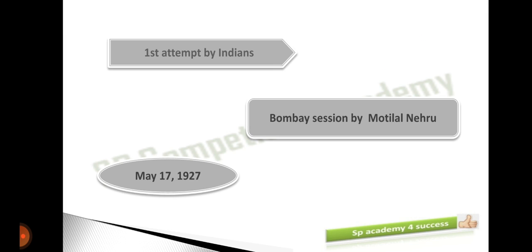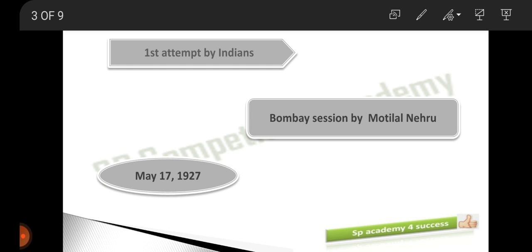Officially, the first attempt to get the constitution: Mahatma Gandhi just expressed his desire, but he did not put it forward officially. But always from the examination point of view, we have to go for the official views only. So officially the first attempt to get the constitution was raised by Motilal Nehru ji in 1927, May 17th. That's the first attempt by the Indians.